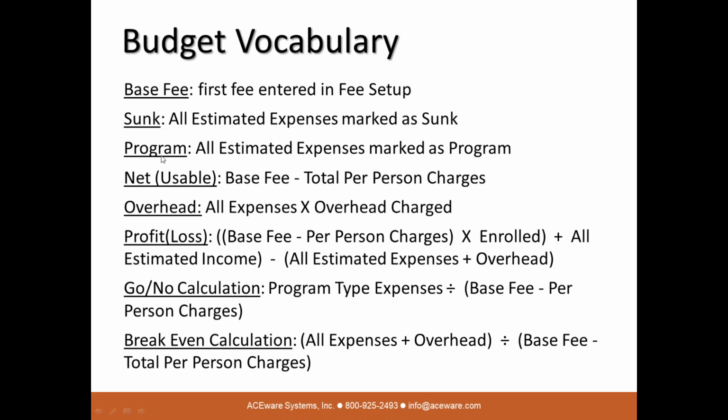Now, the net usable is the base fee minus total per person overhead expenses. Profit or loss is the base fee times enrolled, plus all income, minus all expenses. The go, no go calculation is based on the program expenses only, while break even includes all expenses.